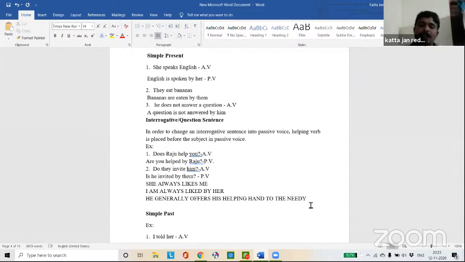Now, can you change this sentence? Can you unmute yourself and change this one? You don't want to change, or you don't know how to change? If you don't know how to change, then you should have a doubt.